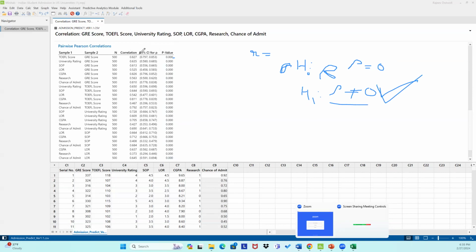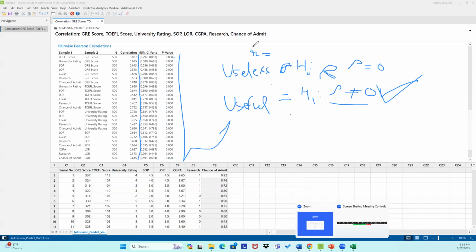You can see which is the highest correlation, which is lowest, and which correlation is useful or useless. So all are useful. Basically, the alternate hypothesis means useful in simple words, and the null means useless. If this is clear, this is the first step.